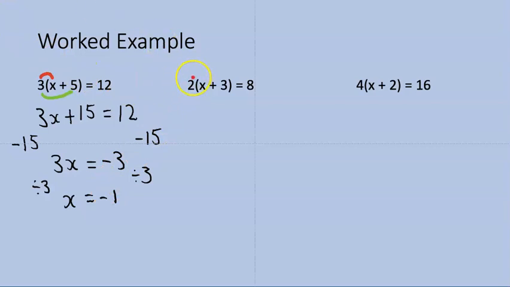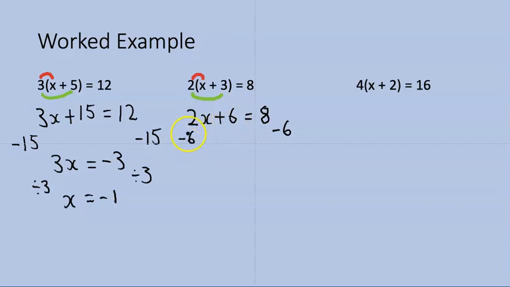I do the same method again for this one here. 2 times x gives me 2x. And then 2 times 3 gives me plus 6. That gives me 8. Instead of adding 6, I take away 6.